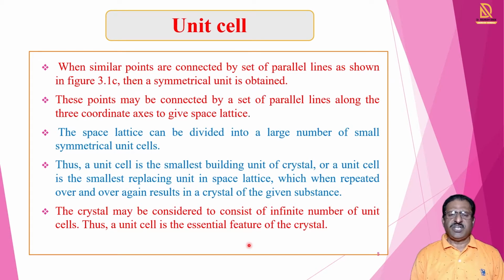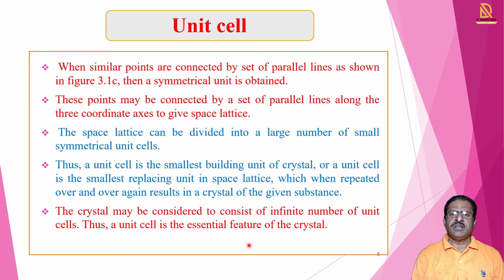This unit shell is the smallest building unit of a crystal. The unit shell is the smallest repeating unit in a space lattice, which when repeated over and over again in all three dimensions is called a crystal lattice.